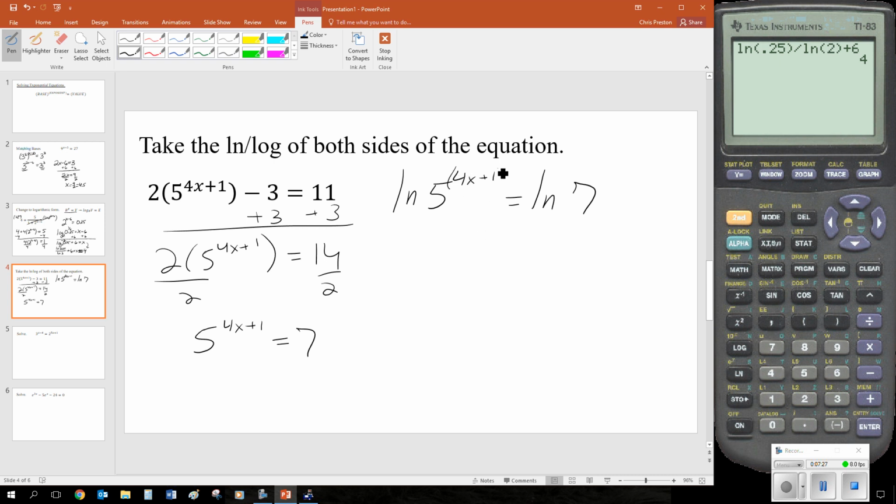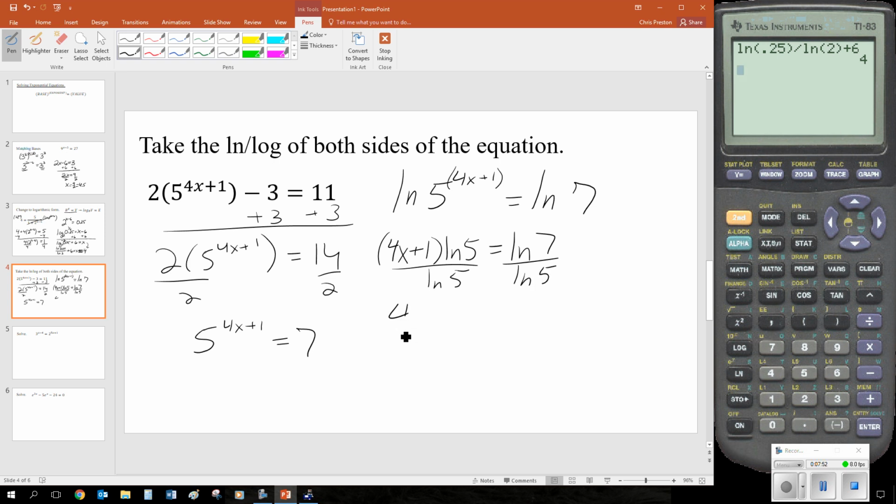So we have a property of logarithms that says if you have an exponent inside of a log, you can move it out front as a multiplier. And now we have our x on our normal level, and I can try to solve that. So maybe I'll get rid of this natural log of 5. I'll divide both sides by natural log of 5.